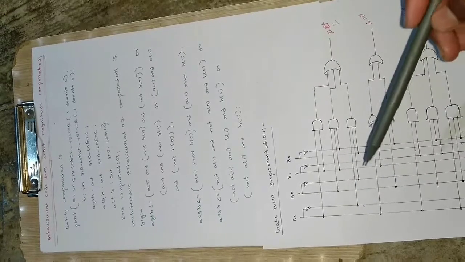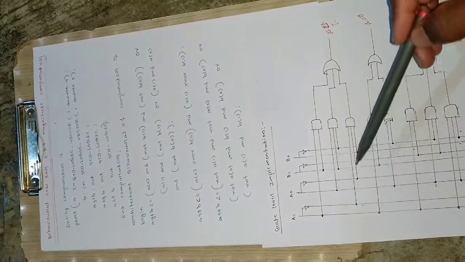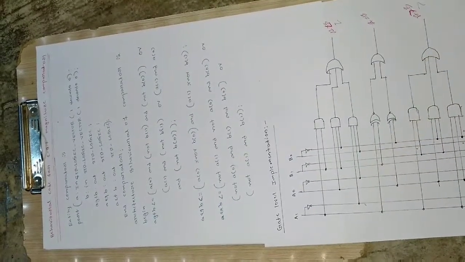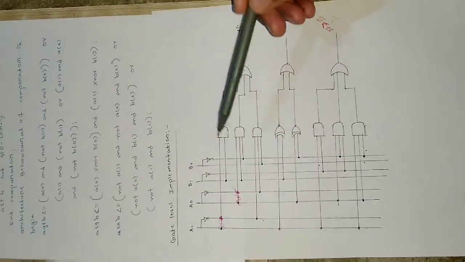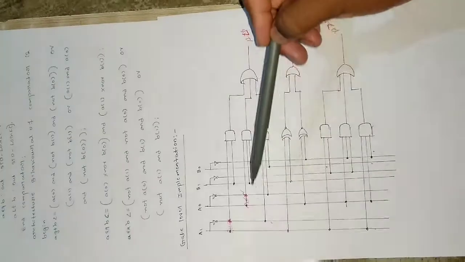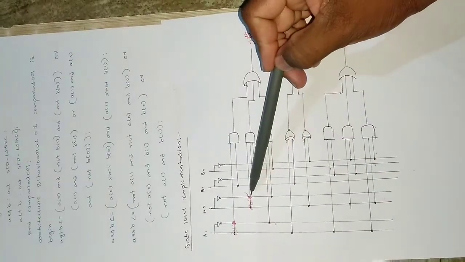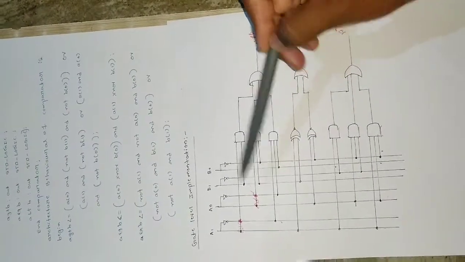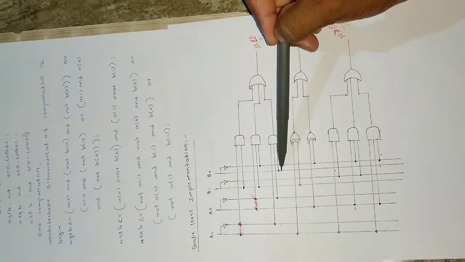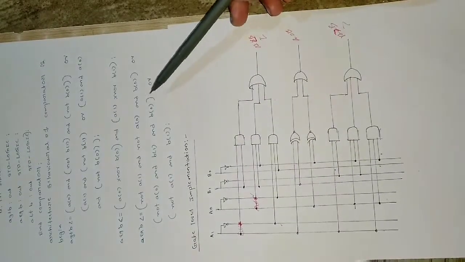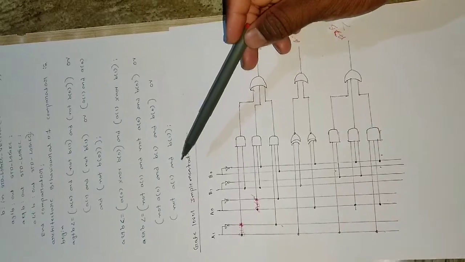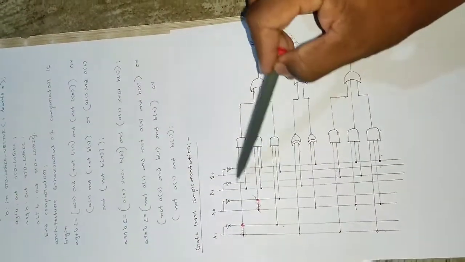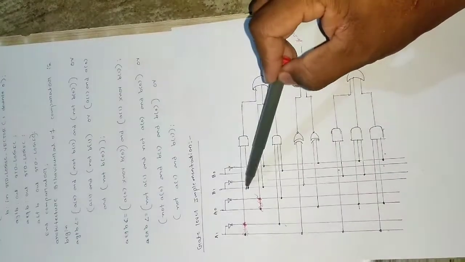So where is not a of 0? Not a of 0 is this connection, and then b of 1. So this is the b of 1 and this is the b of 0 connection. So we are done with the second AND gate. Then for the third, not a of 1 and b of 1. So not a of 1 is connected here, and then b of 1 is connected here.